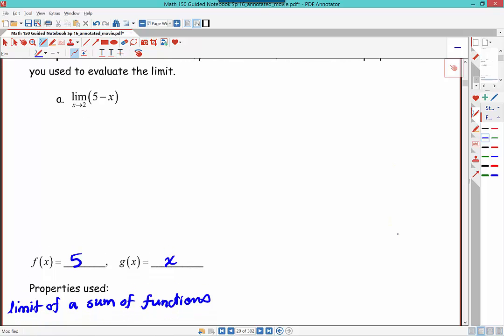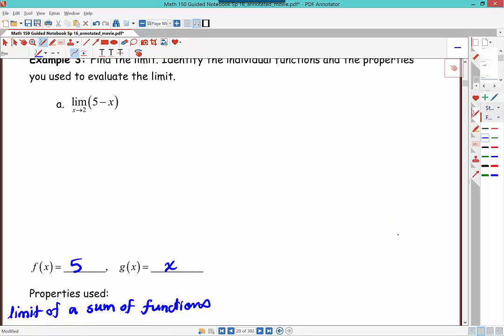Okay, let's check it out. This is how one would break it down. This is equivalent to the limit as x approaches 2 of 5 minus the limit as x approaches 2 of x.